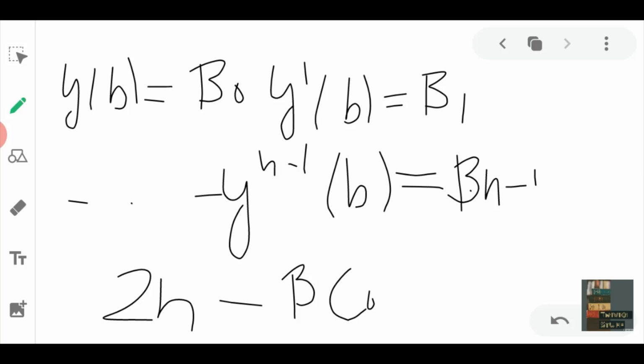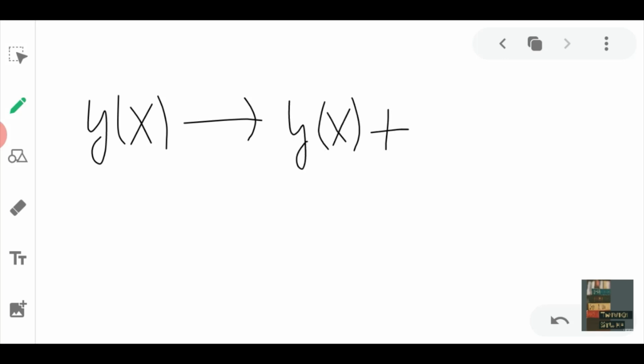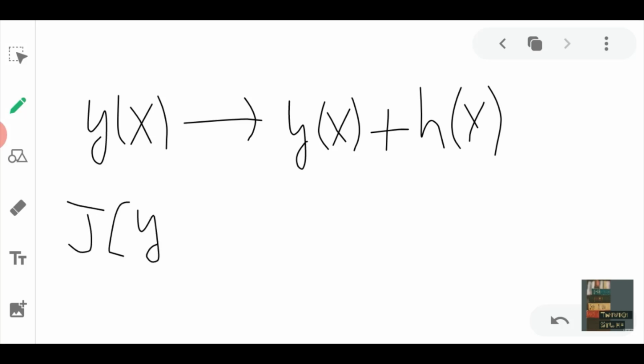So with this we use the same argument as before to find the necessary condition for an extremum. Let the variation in function y of x be h of x. So our function changes to y of x plus h of x, and our functional J of y changes to J of y plus h.